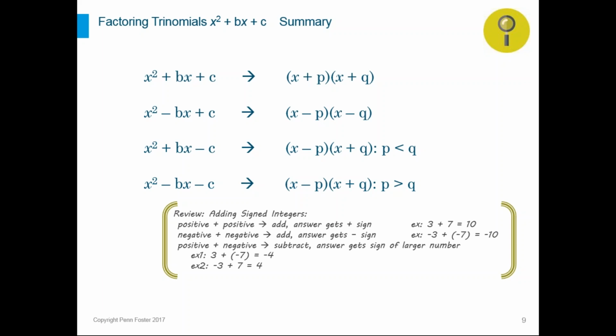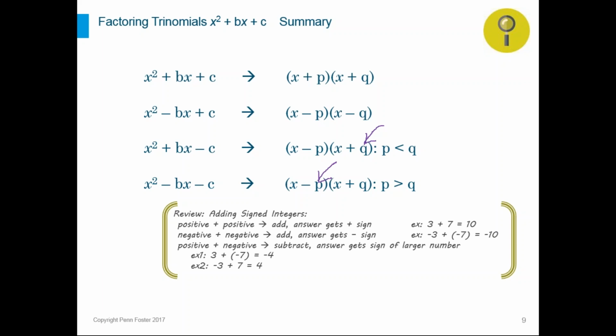I recommend that you do the reasoning, but this summary tells you if you have a positive b and a positive c, both factors will be positive. Negative b and positive c, both factors will be negative. Positive b, negative c, you have a negative and a positive, but the q should be the larger number. And if you have a negative b and a negative c, then negative and positive, but in this case, p would have the larger value.